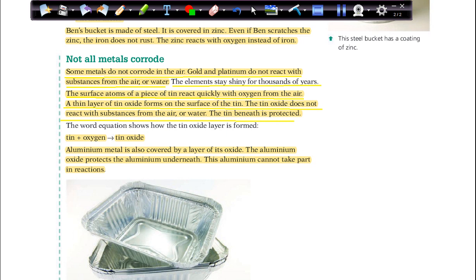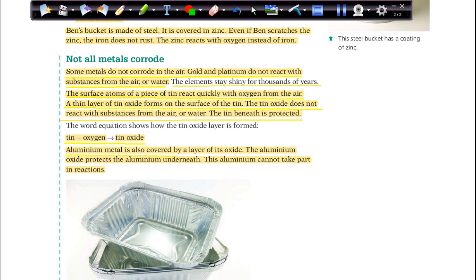The tin beneath is protected. So here, if the tin atoms react with the oxygen, it will form tin oxide. The tin oxide will not react with the air or the water, so the layers under the tin oxide will be protected. Here the word equation could summarize this: tin plus oxygen gives us tin oxide.